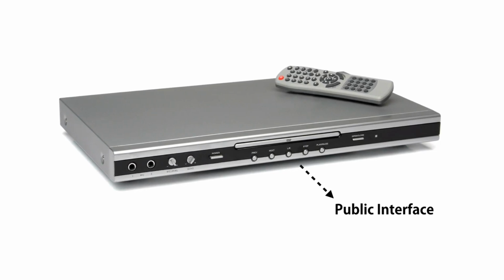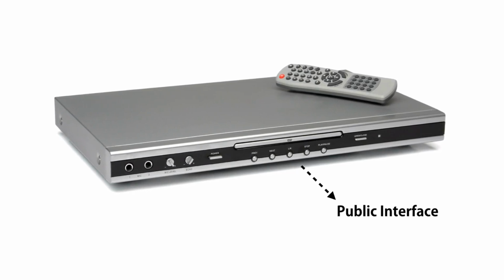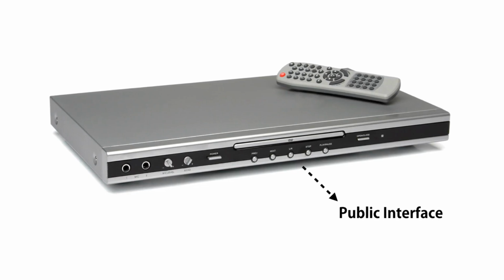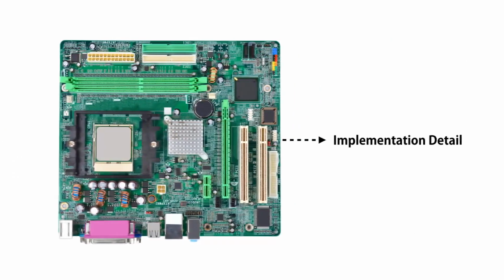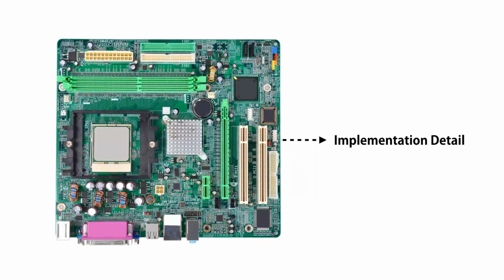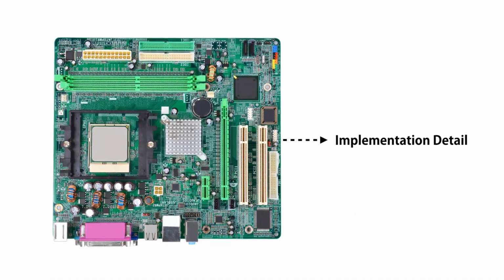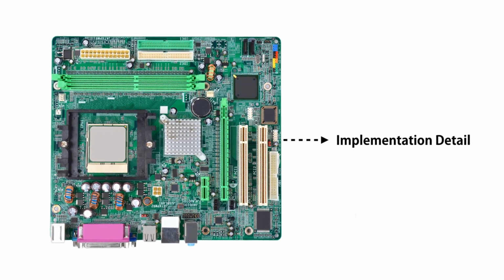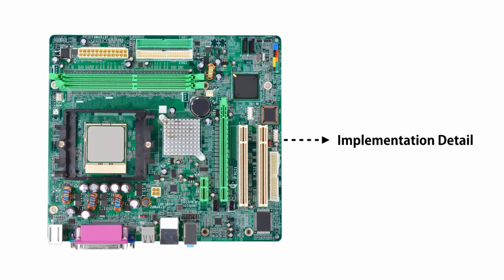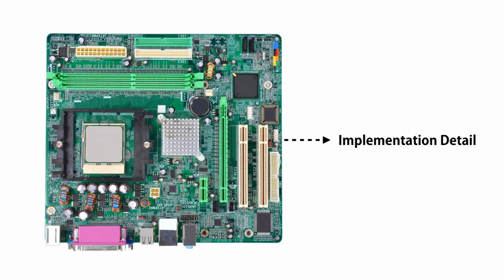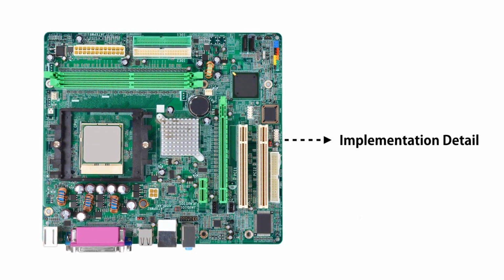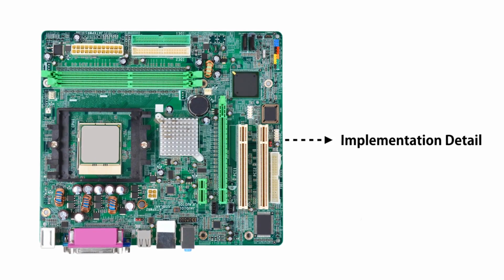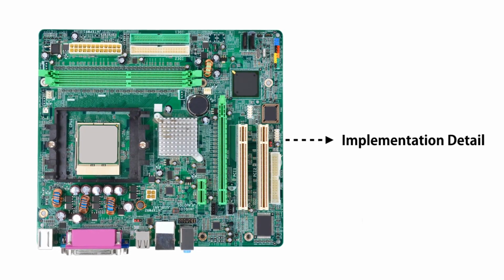So these objects represent the public interface of a DVD player, okay? But inside the box, there are lots of other objects. They're complex objects. We don't need to know anything about these objects. They're implementation detail, and they can change significantly from one model to another. But what we see on the outside is almost stable or static across different models.